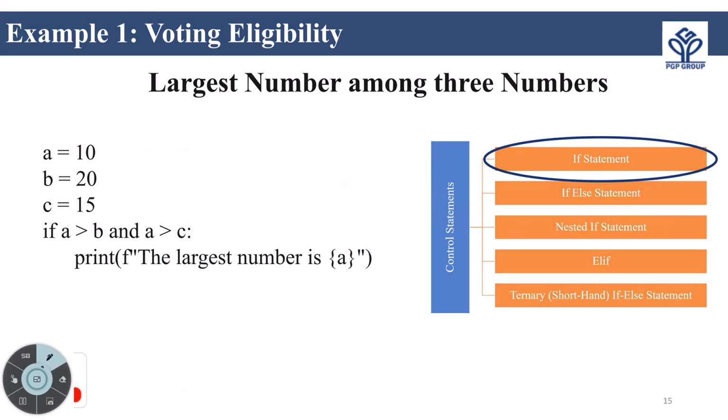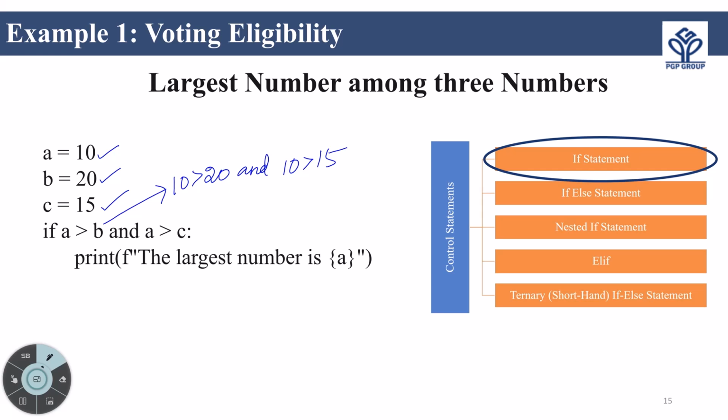Next one, same as voting eligibility. So we are finding the largest number among three numbers. Okay, so we are assuming A is equal to 10, B is equal to 20, C is equal to 15. If A greater B, check 10 greater 20 and check 10 greater 15.